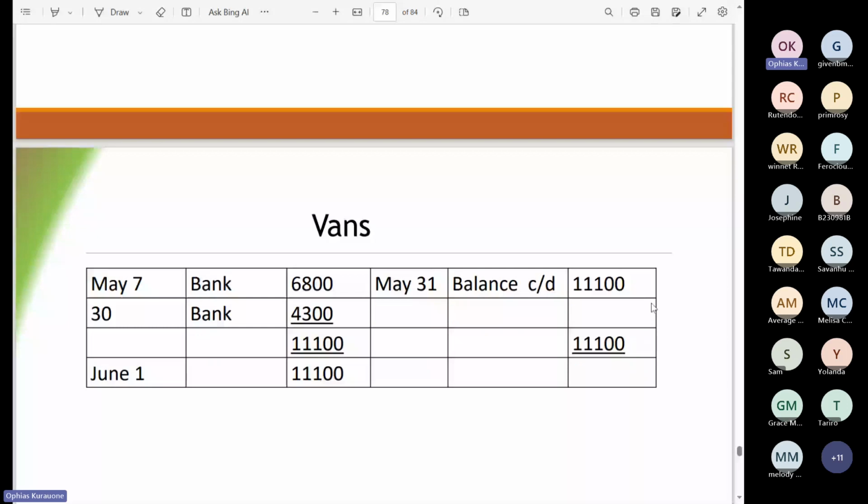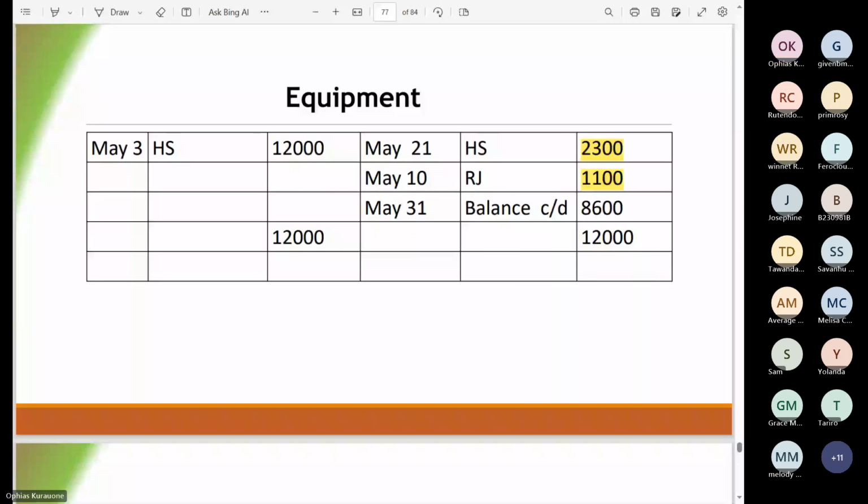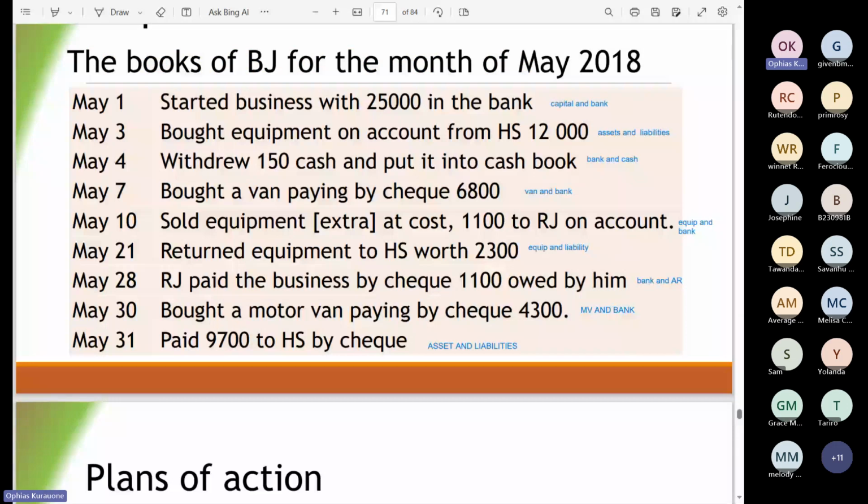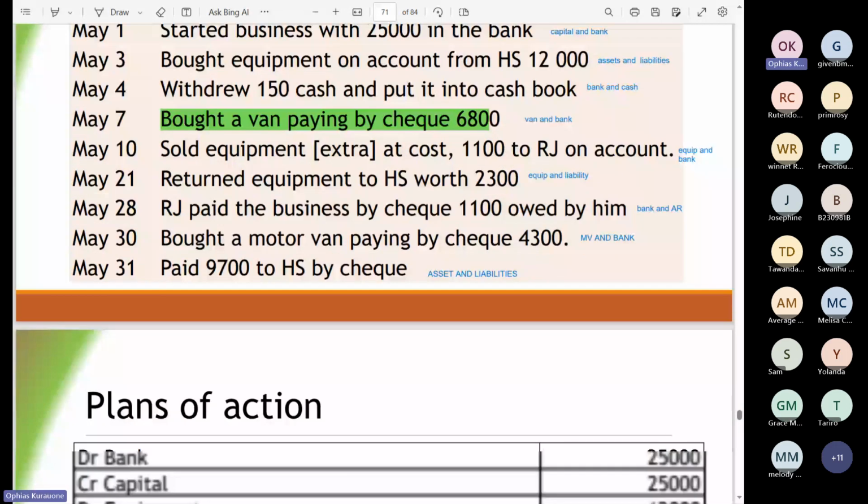Then the van. Balance brought down: we bought a van for 6,800 and another van for 4,300, because they are supposed to have one account for motor vehicles. I'll highlight it here, and the other.